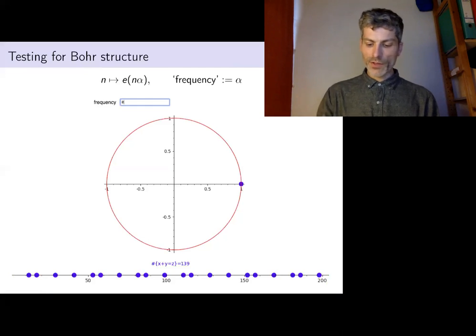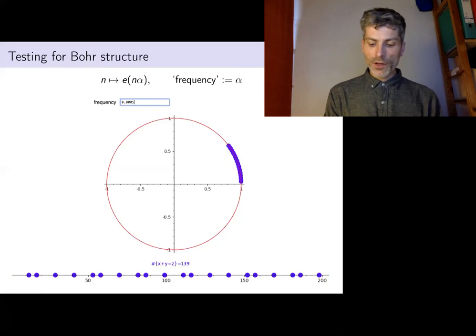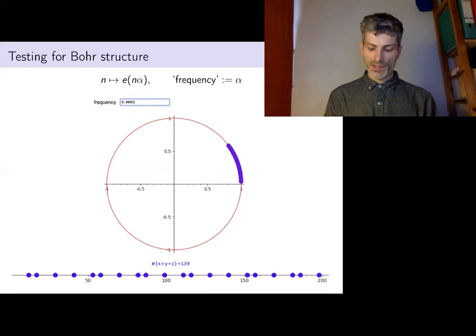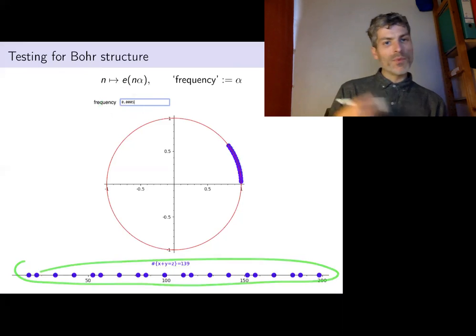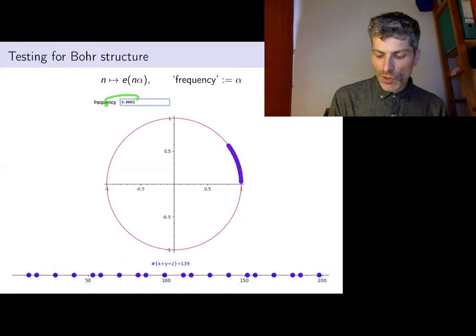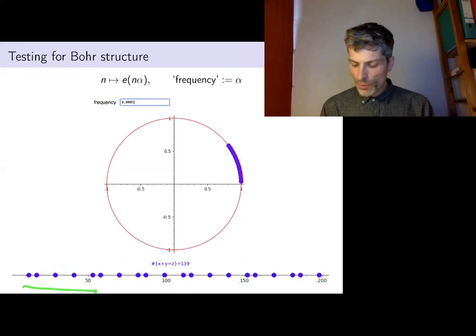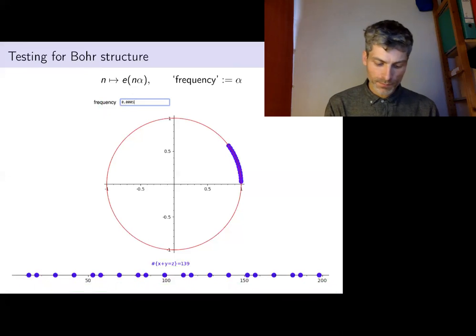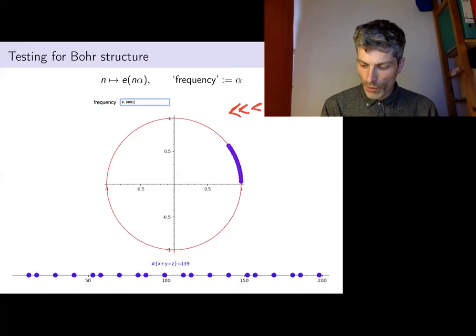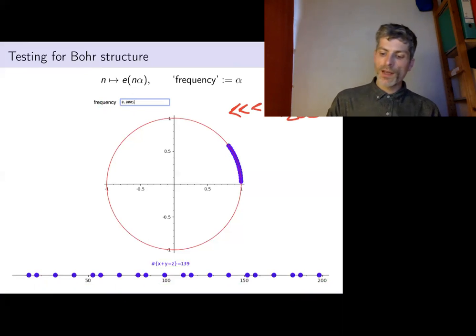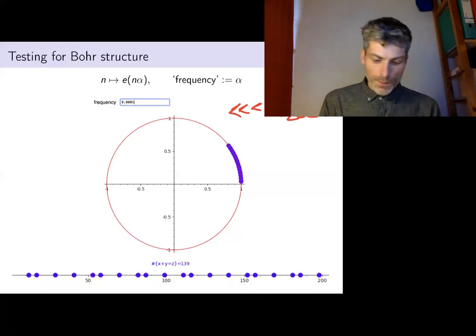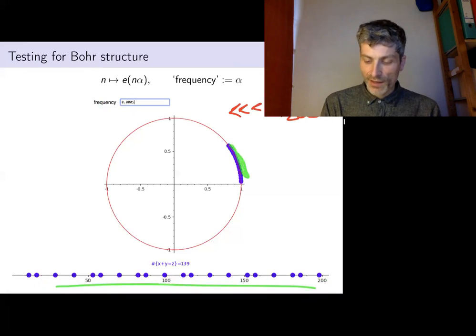Okay, so let's do that. Start at the frequency 0. Now it looks like for these low frequencies, we've got an arc here. We're done. This is a Bohr set. But what you'd find is, because these frequencies are so small, so much smaller than 1 over the length of the interval, at these very small frequencies, all subsets of 1 up to 200 are constrained to these arcs.